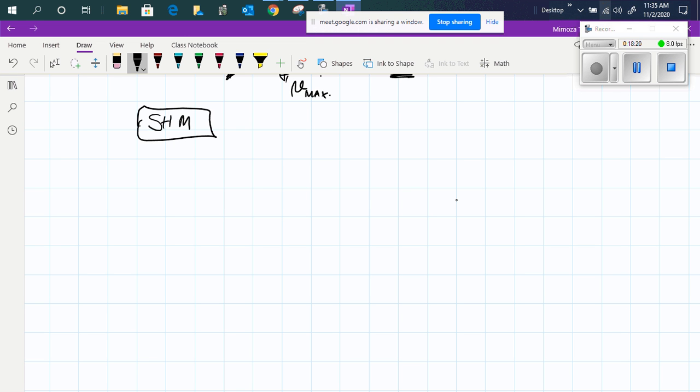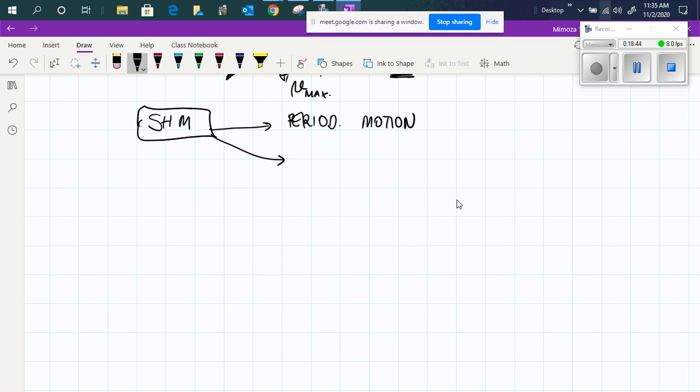And now we are talking about simple harmonic motion. In order for any type of simple harmonic motion to happen, you have to have two conditions. The first one is to have a periodic motion, which means that the motion is repeated.